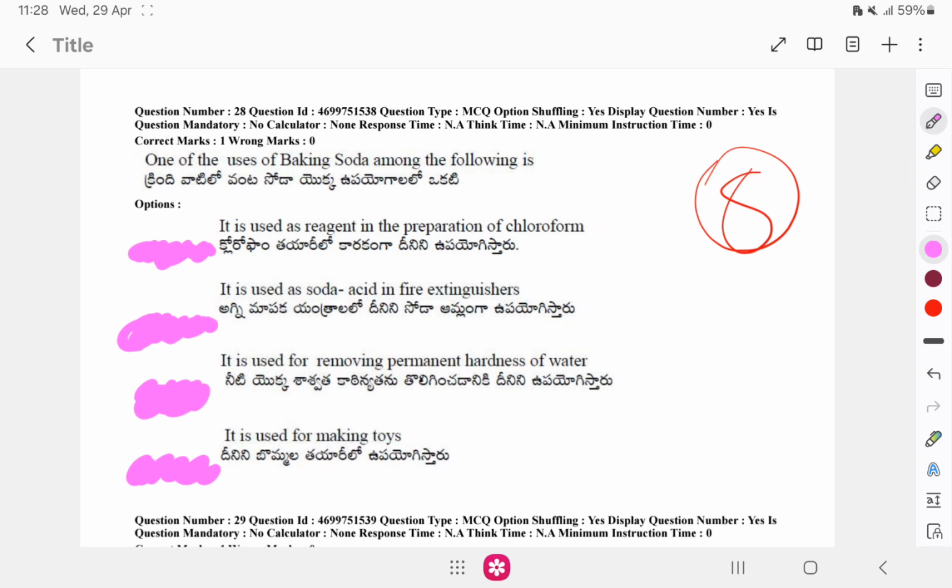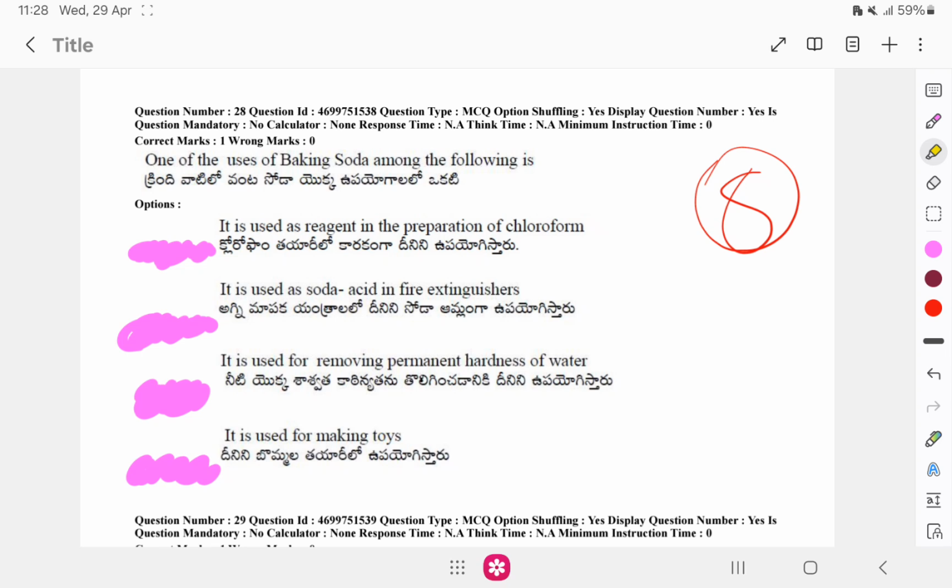Next question, friends. One of the uses of baking soda among the following is. I am giving you 5 seconds. Read these options by yourself. 1, 2, 3, 4, 5.